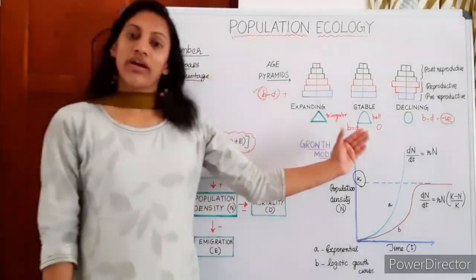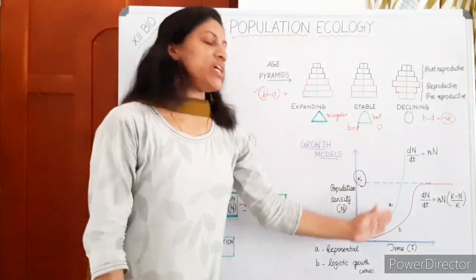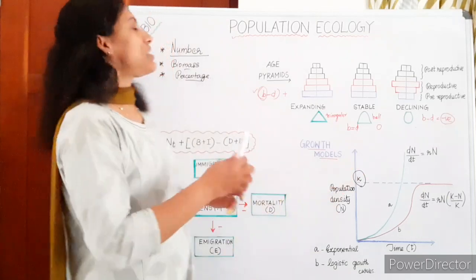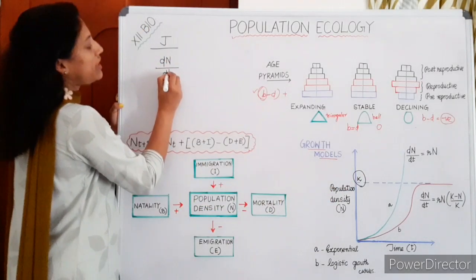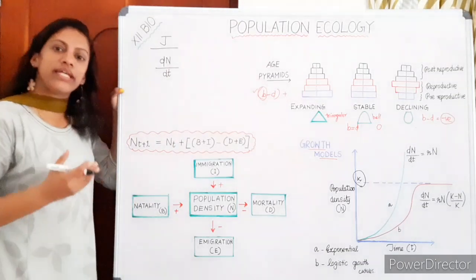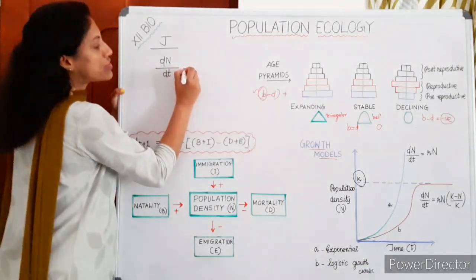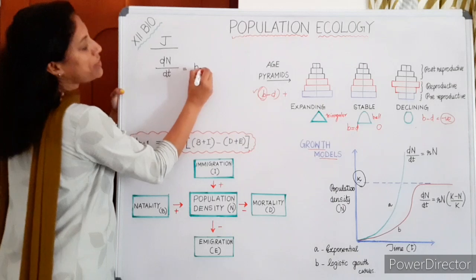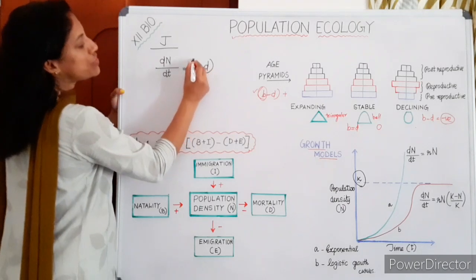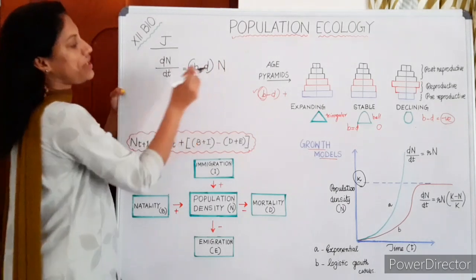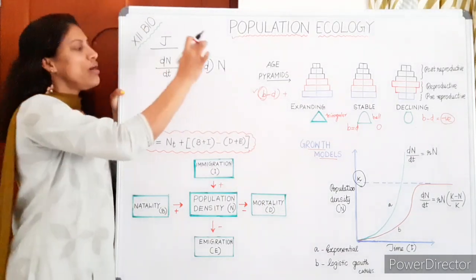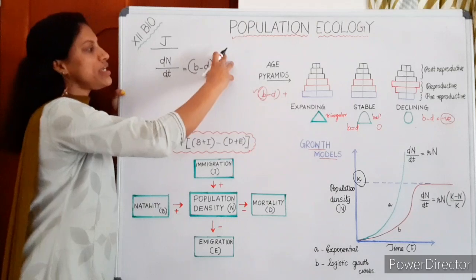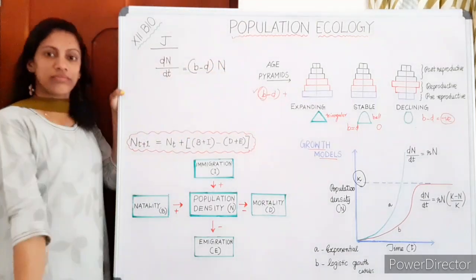Then when we derive the equation for the J-shaped growth curve, we can say the rate of change of population density, dN by dt, equals what? Birth rate minus death rate into N. That means the change in population density equals the initial population density times the number increased.